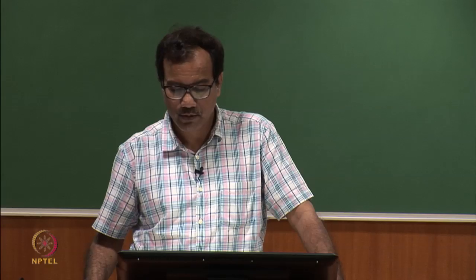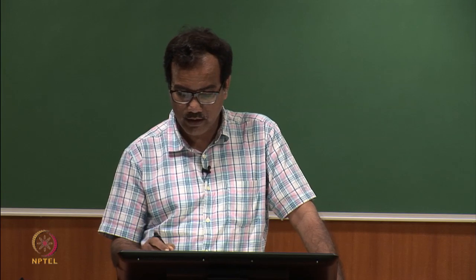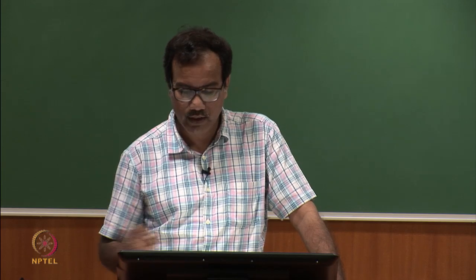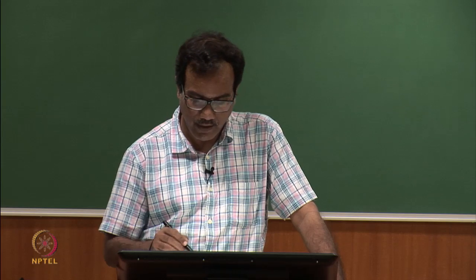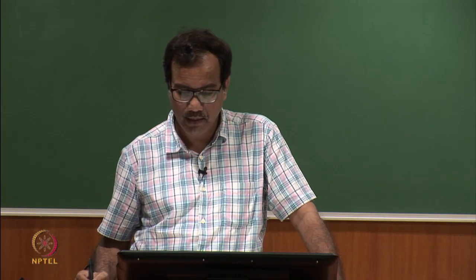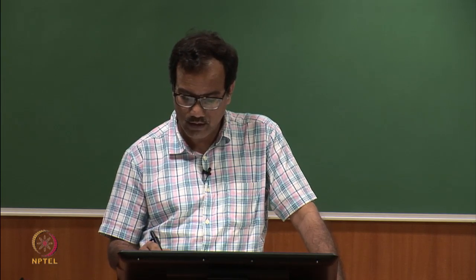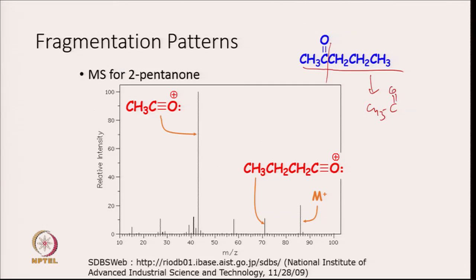This is the formula for 2-pentanone, CH3 CH2 CH2 CO CH3, and a fragment can be formed from this fragmentation leading to a CH3 CO plus group plus a CH2 CH2 CH3 radical.